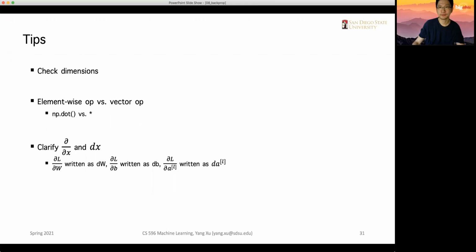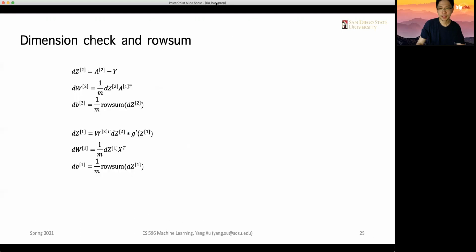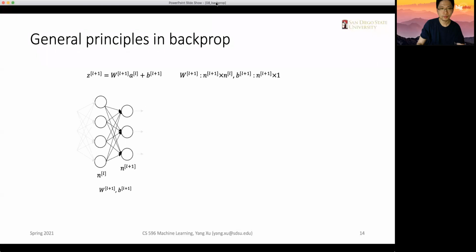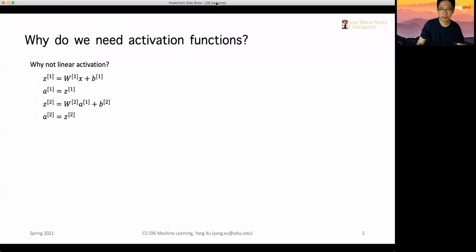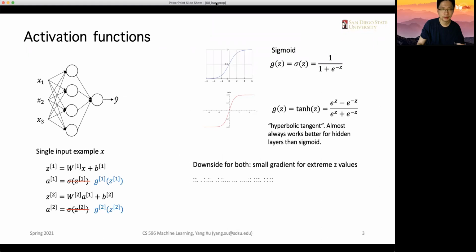Professor, about the second tip, the element-wise operator versus vector, I know you said something in the middle of the lecture. Can you please repeat it briefly? Yes. It's something I can talk about right now. Let me find the equation. Too many slides ago.